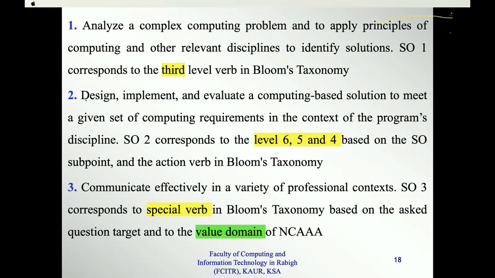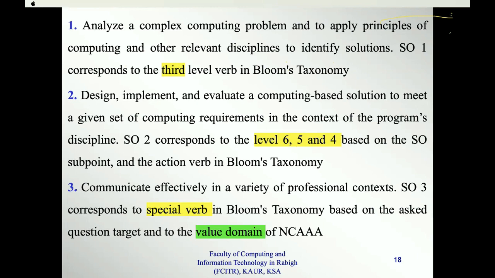The second student learning outcome is design, implement, and evaluate a computing-based solution to meet a given set of computing requirements in the context of the program's discipline. This is student learning outcome 2 of ABET, and levels 4, 5 and 6 in Bloom taxonomy.